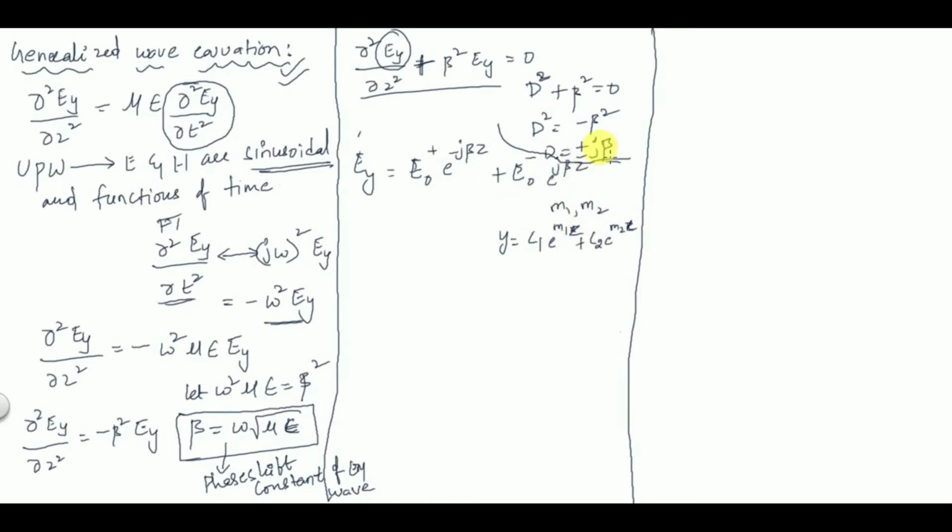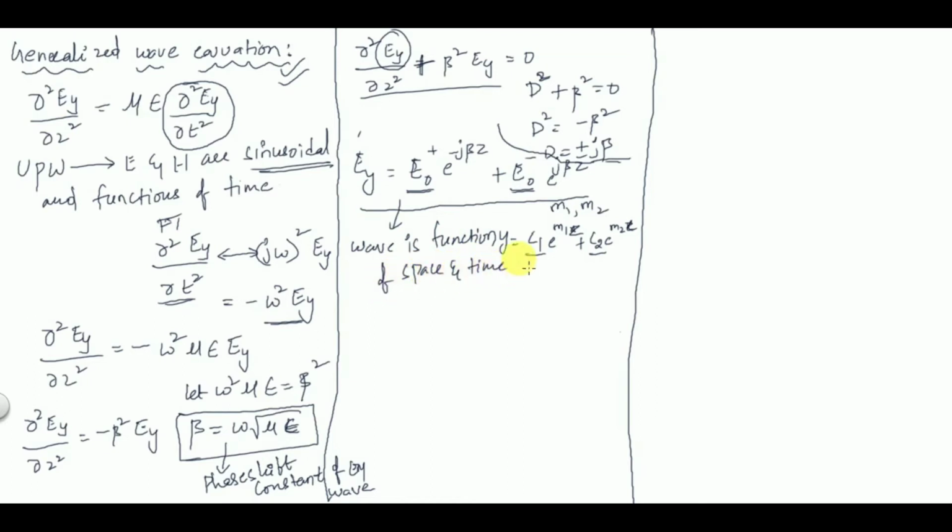m1 is minus j beta, of course, and m2 is plus j beta. c1 and c2 are constants, and we have taken those constants as amplitudes here. So this is the wave equation in terms of space only. But a wave is a function of space and time.